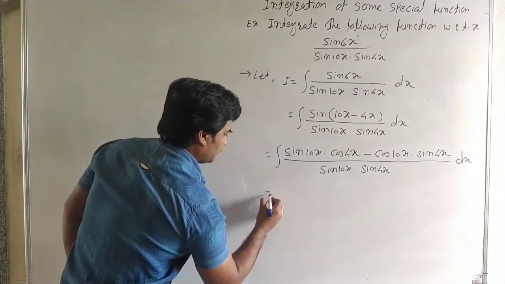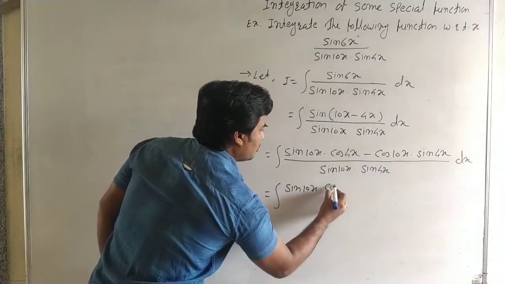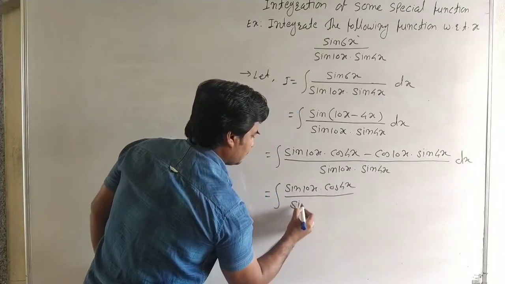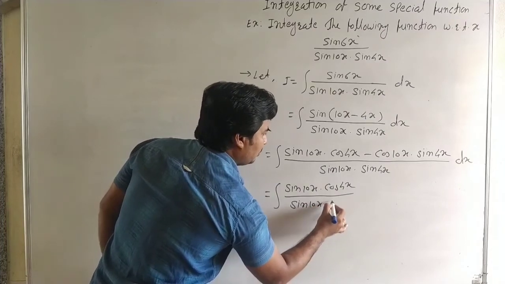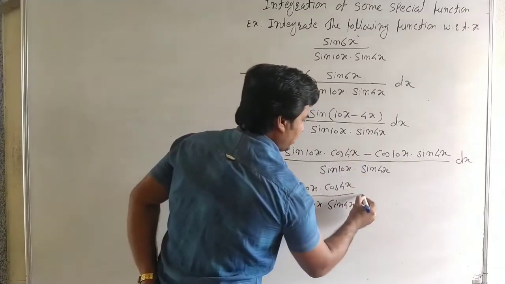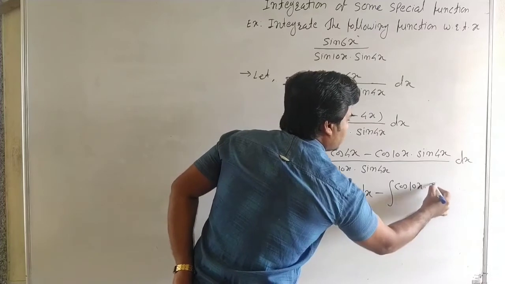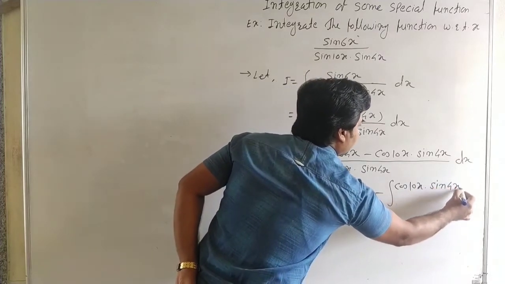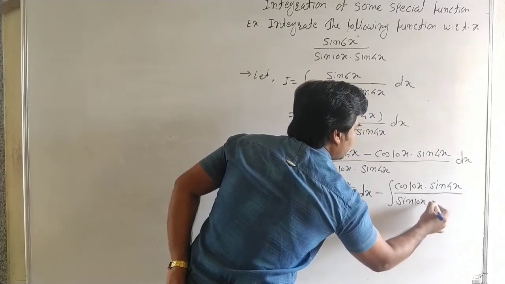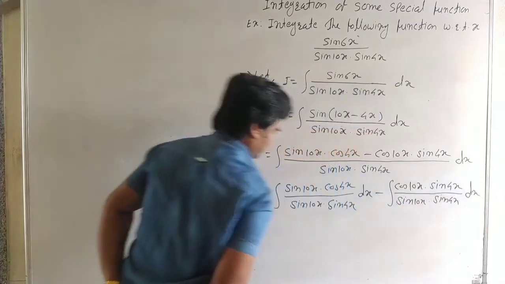Now separate: sin 10x into cos 4x upon sin 10x into sin 4x, separate denominator and separate integral, minus cos 10x into sin 4x upon sin 10x into sin 4x with respect to x.